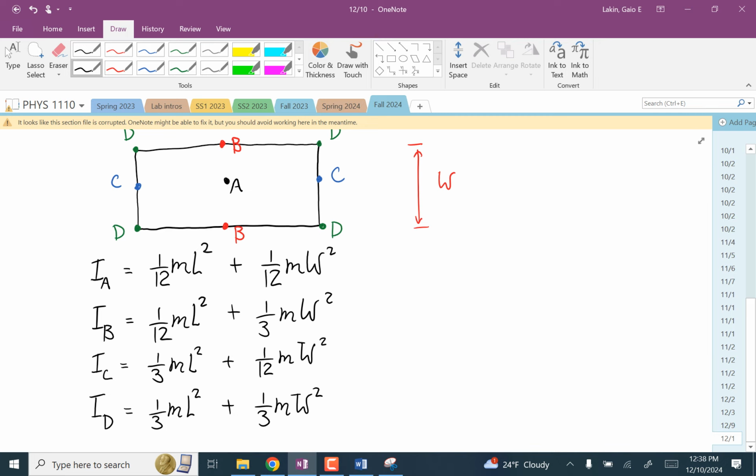And notice these moments of inertia are getting smaller as you go this way and larger as you go this way. You could see that by just choosing numbers for L and W and plugging them in.